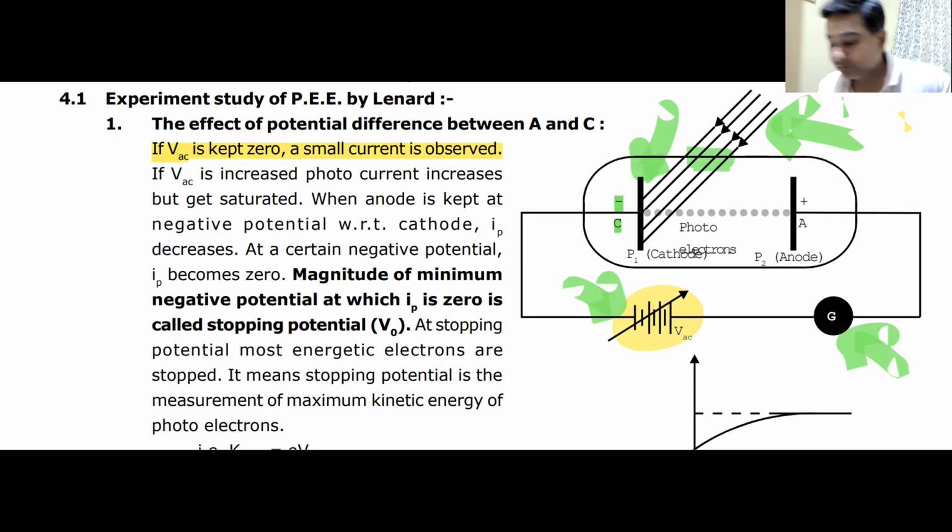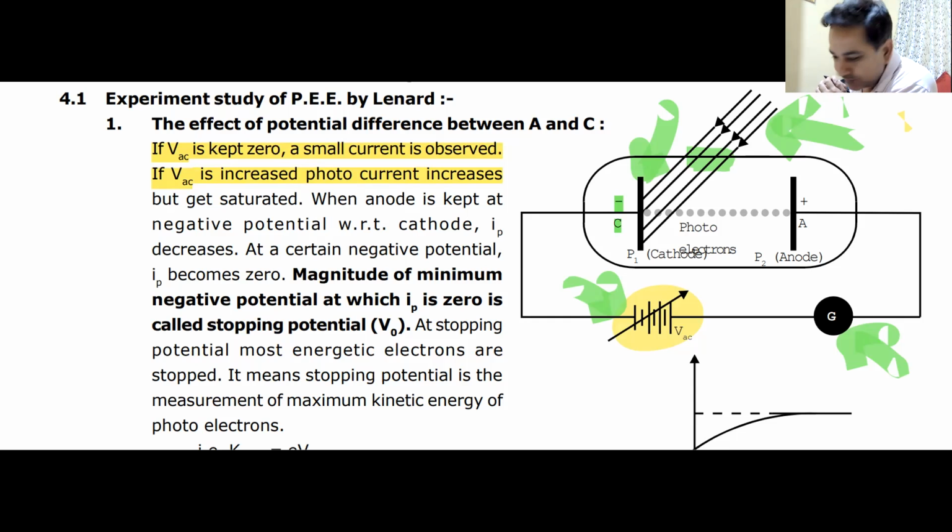Now what am I going to do? I am going to increase the value of this VAC. So I'm going to make A more positive and C more negative. Do you understand this? So I'm going to create a potential difference between A and C. And what do we see? That the photo current will increase. Yes or no? Because now electrons are going to be repelled by the negative pole and attracted by the positive pole.